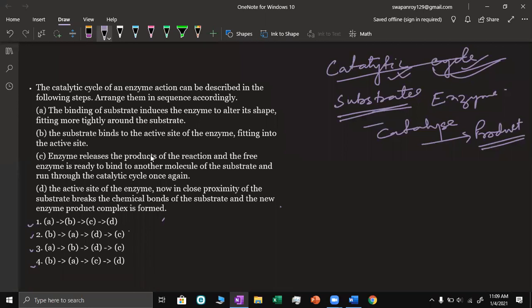Enzyme releases the products of the reaction, and the free enzyme is ready to bind to another molecule of the substrate, run through the catalytic cycle once again. The active site of the enzyme, now in close proximity of the substrate, breaks the chemical bond of the substrate, and the new enzyme product complex is formed. So which one will come in the correct sequence?